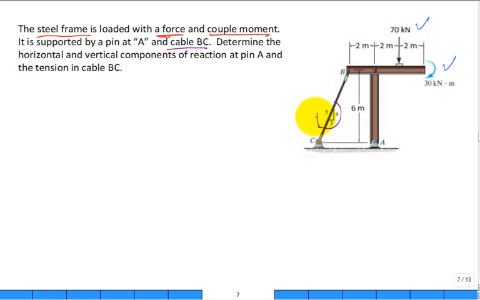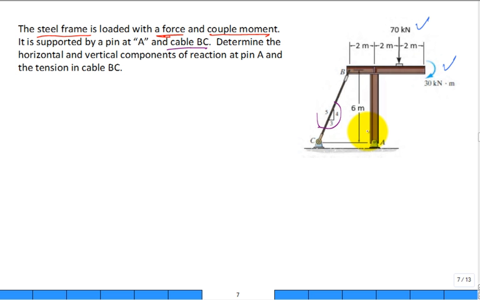Okay. Determine the horizontal and vertical components of the reaction at pin A and the tension in cable B to C. So what I'm going to do is pause. I want you to look at this diagram and generate a free body diagram of something. It's pretty obvious what the free body diagram is going to be of.